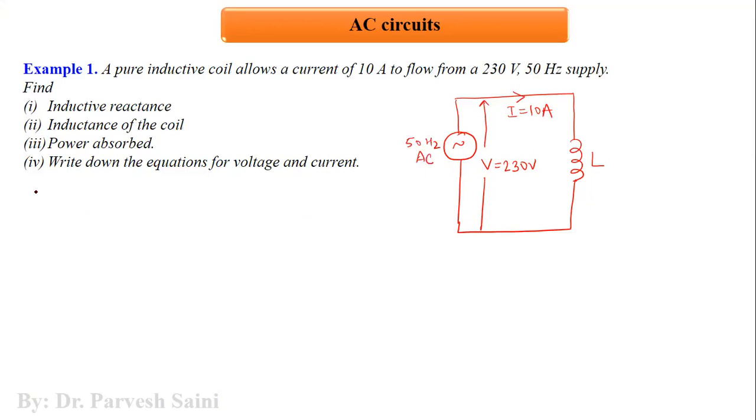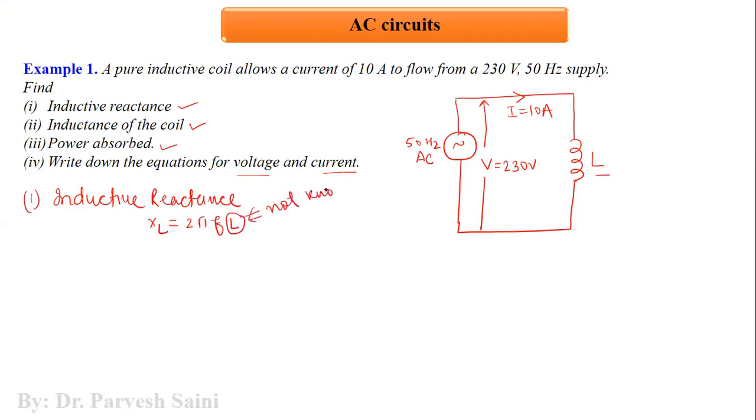Now we have to find the inductive reactance of the coil, the power absorbed by the inductor, and then write the equation of voltage and current in this case. First, we will find the inductive reactance. Inductive reactance XL is basically 2 pi FL, but here L is not given.